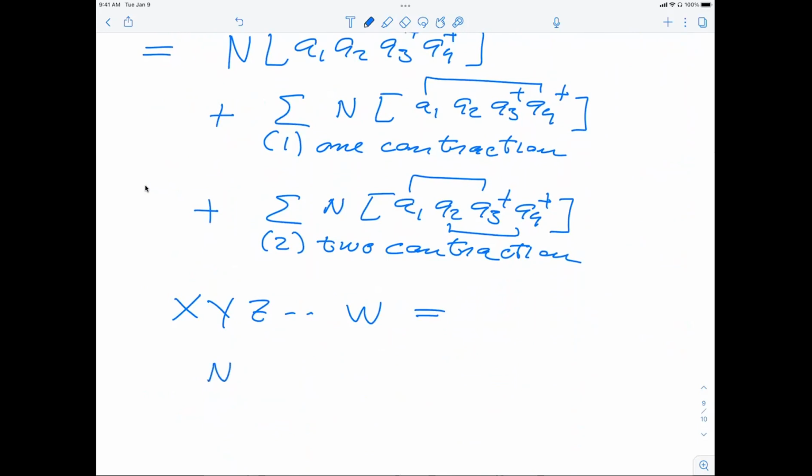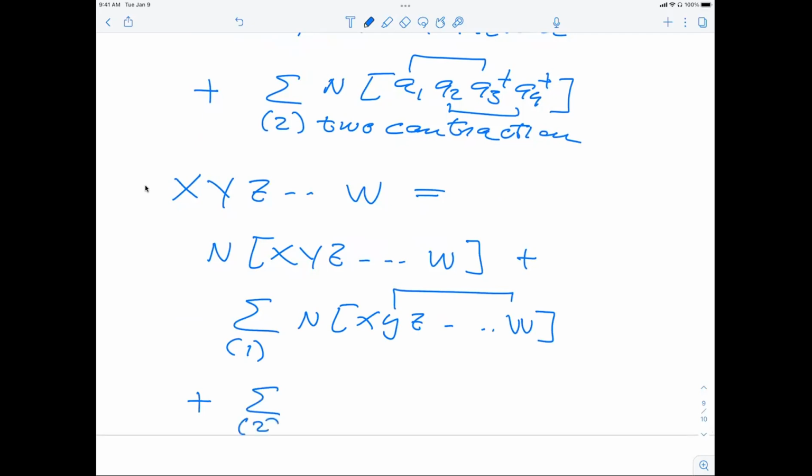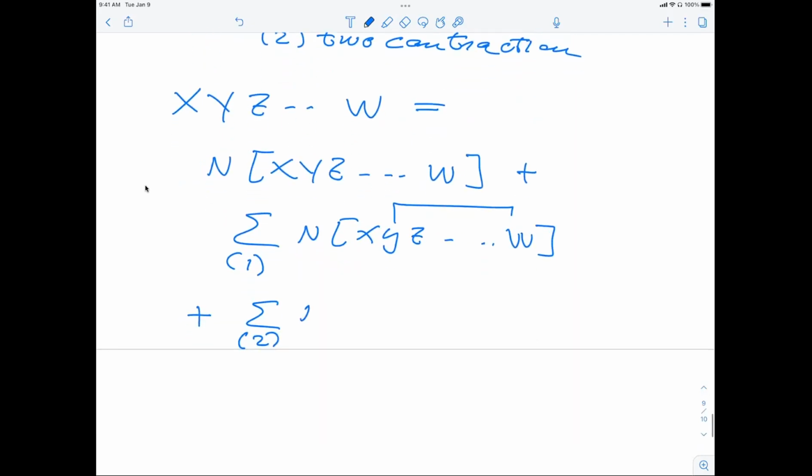So this will contain the normal order product plus the sum over 1 contraction, and I write it in this kind of strange notation here. And this is where we're going to stop today. So I write this one like that, plus the sum over 2 contractions. And this is actually Wick's theorem, which you're seeing now.